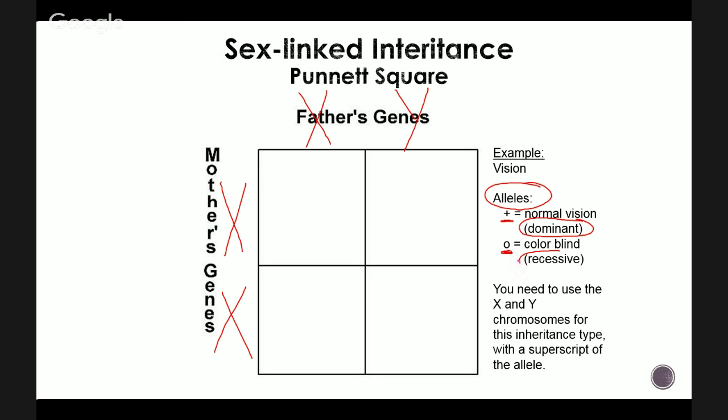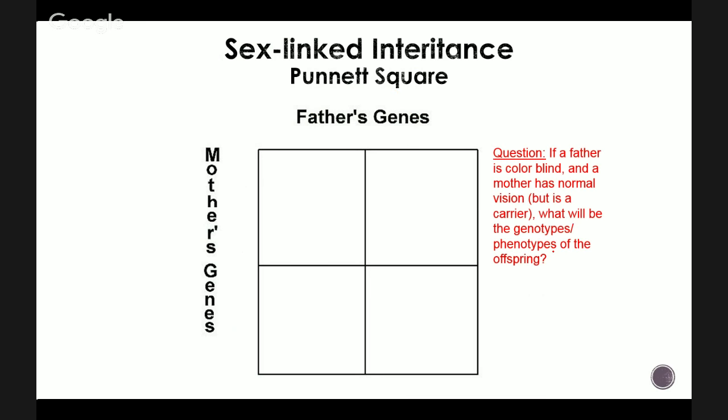And then the colorblind, for simplicity's sake, we'll treat it as recessive, just so you have that set up. Now, if a father is colorblind and a mother has normal vision, but she's a carrier, what would be the genotypes or phenotypes of the offspring? Y, X, X. So the plus was what, normal vision, right? Right.